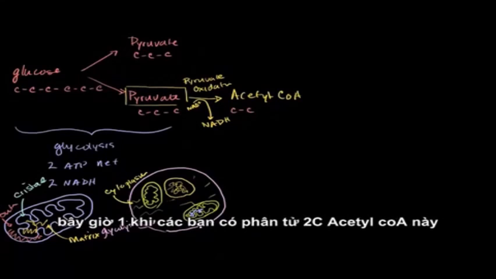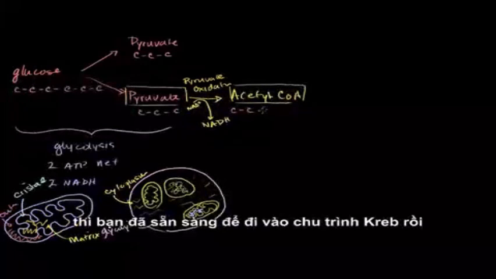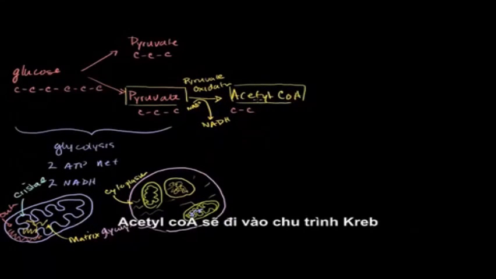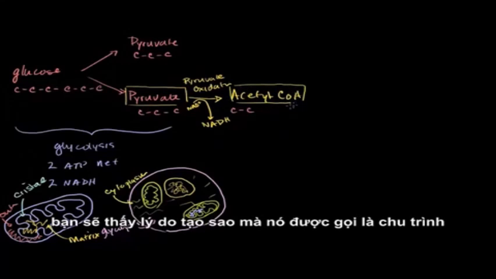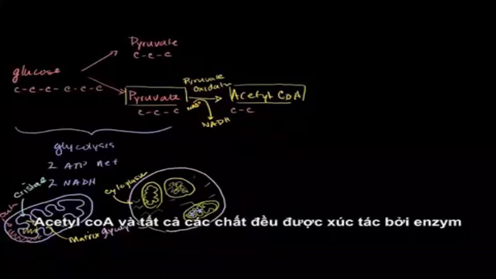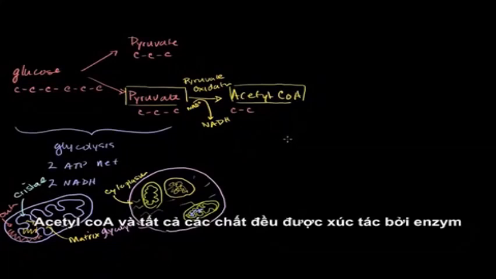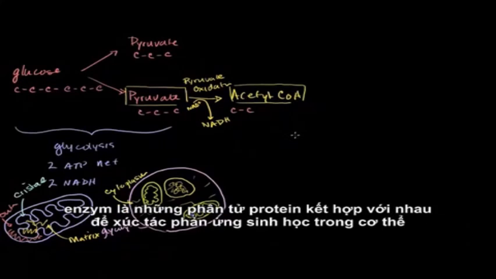Now, once you have this two-carbon chain acetyl-CoA right here, you are ready to jump into the Krebs cycle, this long talked about Krebs cycle, and you'll see in a second why it's called a cycle. The acetyl-CoA, and all of this is catalyzed by enzymes. And enzymes are just proteins that bring together the constituent things that need to react in the right way so that they do react.